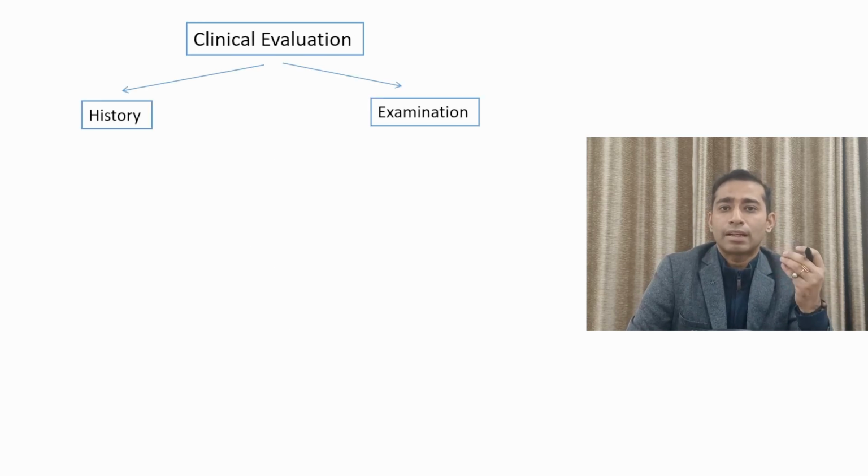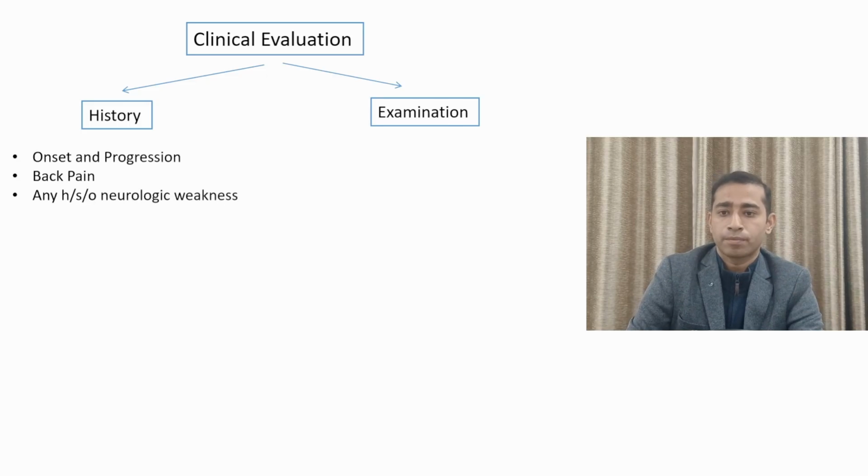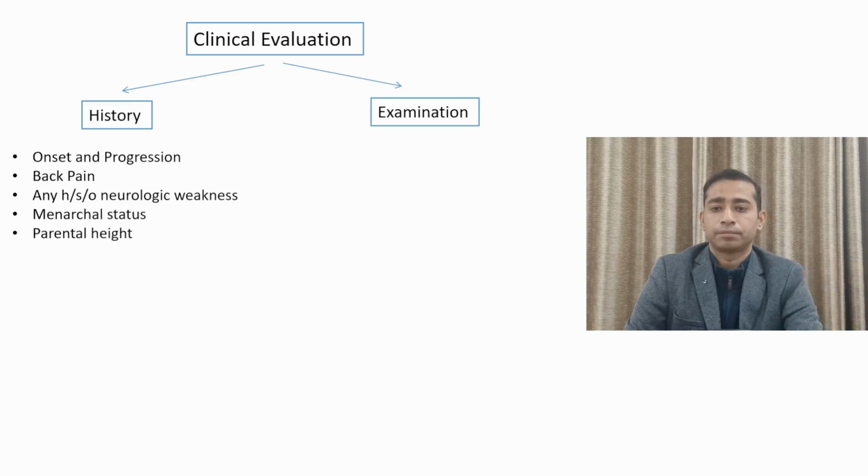Now coming to the clinical evaluation of adolescent idiopathic scoliosis. In history, we have to ask about onset and progression, and any history of back pain, which warrants a further investigation like MRI. Any history suggestive of neurologic weakness again warrants further investigation using MRI scan.